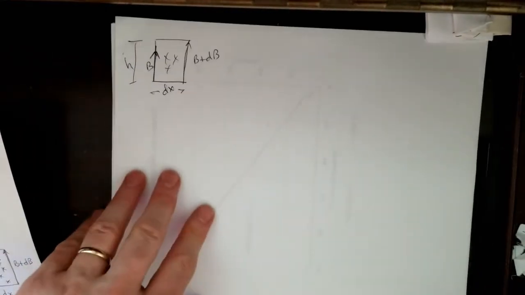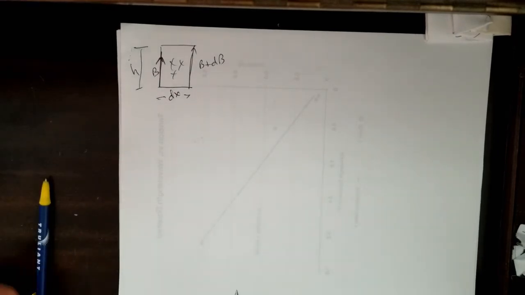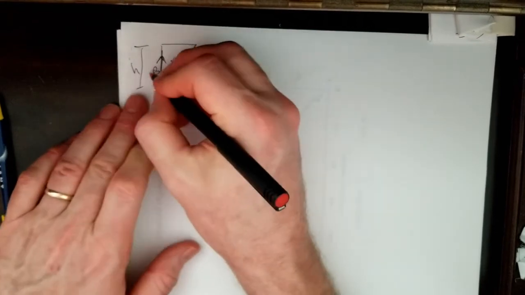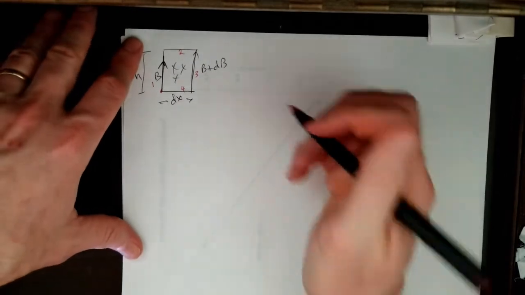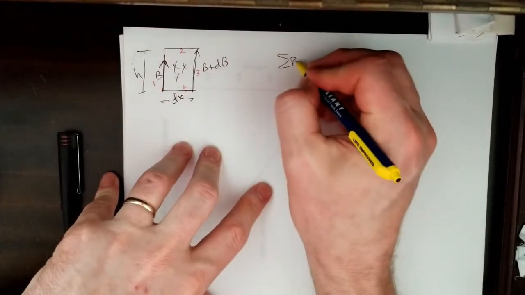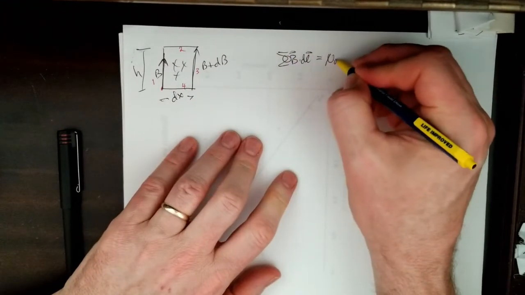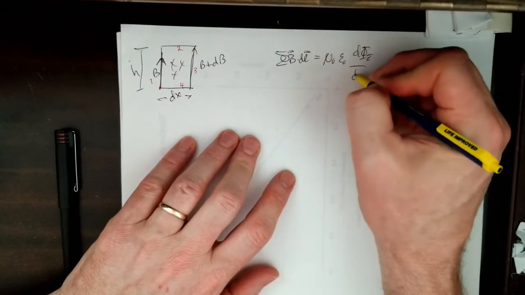Now, the way I want to carry through my loop here is I want to loop it so that with the right-hand rule, I'm pointing in the direction of the electric field. Electric field is going into the page, and so I'm going to go around that way. So I'm going to start here, and this is 1, 2, 3, and 4. I know that the sum of B dot dl is equal to mu naught epsilon naught d phi E/dt.